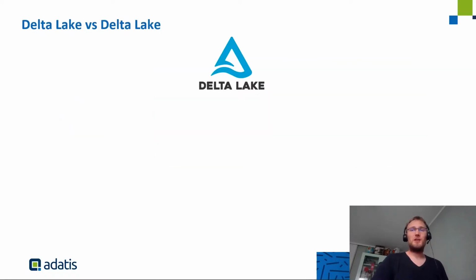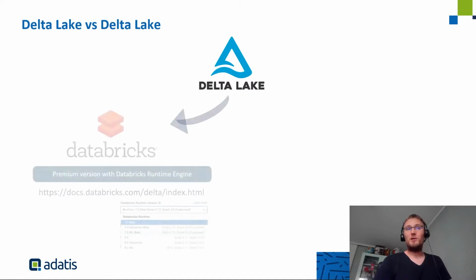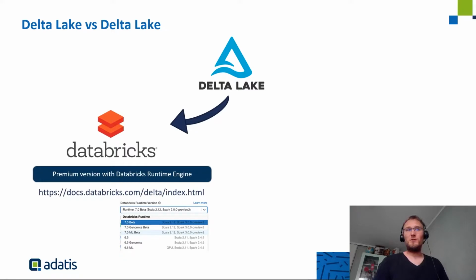But Delta Lake is an open source project, but it doesn't mean that we can benefit from all the new cool features for free, unfortunately. New optimization mechanisms, for example the optimize statement, Z ordering, etc., are only available in the premium version, and the premium version needs a Databricks runtime engine. It's available, for example, with the Azure version of Databricks, or we can buy a premium version of Databricks on their website.